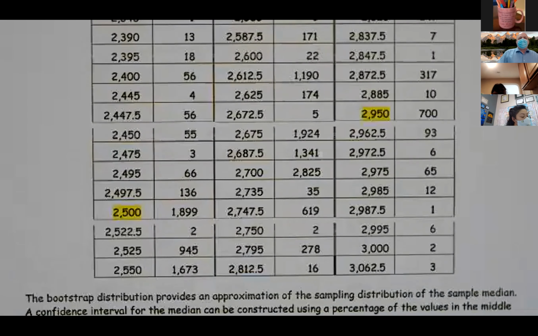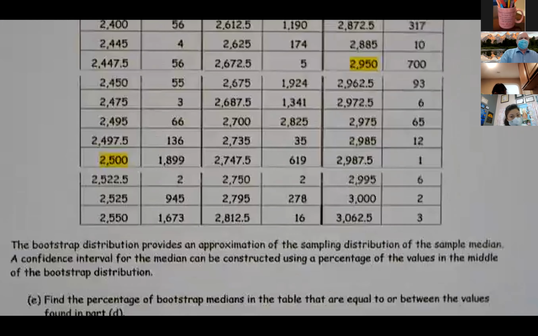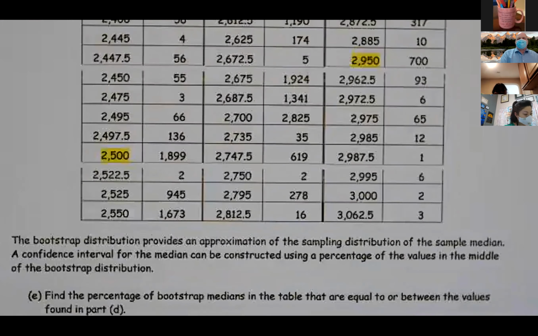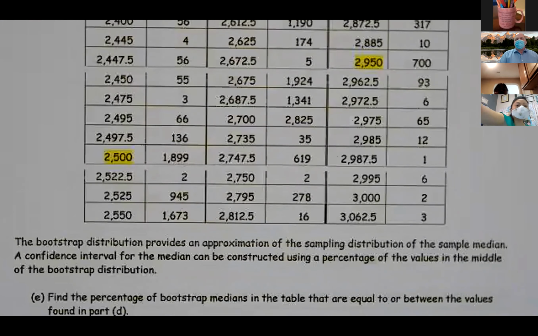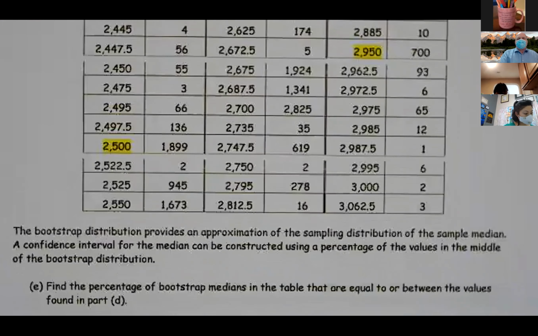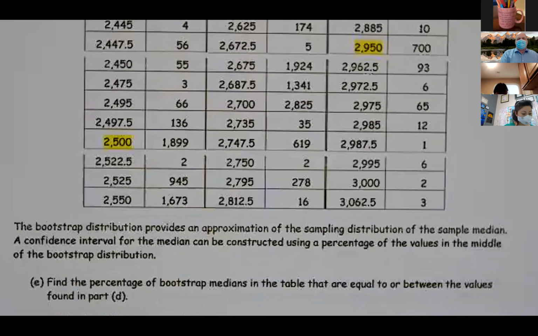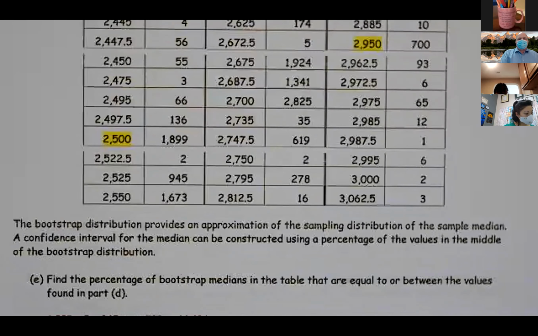Those are how many times they occurred. So the bootstrap distribution provides an approximation of the sampling distribution of the sample median. A confidence interval for the median can be constructed using a percentage of the values in the middle of the bootstrap distribution.